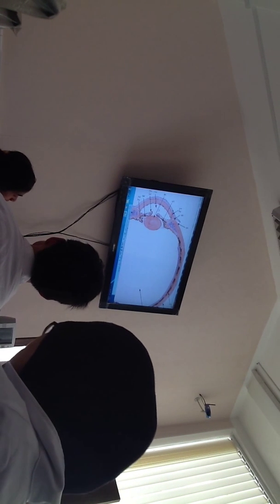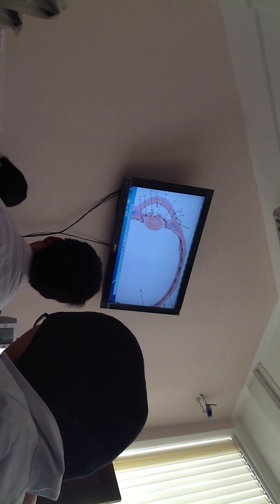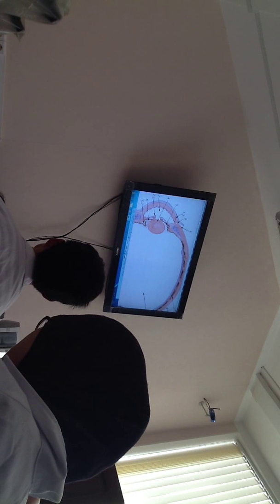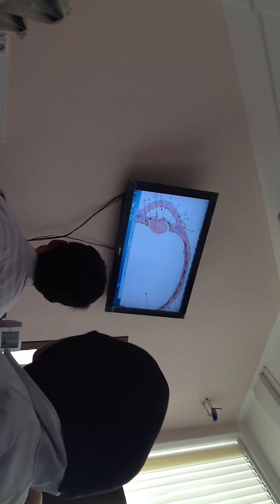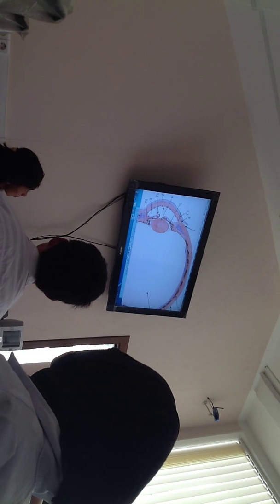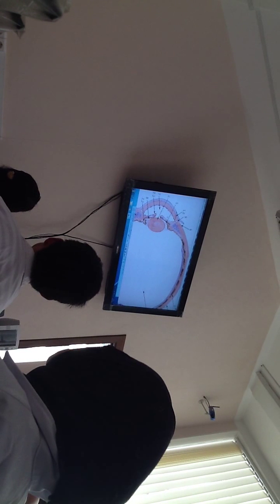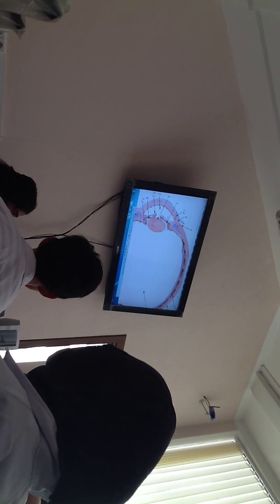There is an anterior chamber and a posterior chamber. Anterior is between the cornea and iris, posterior between the iris and lens. In these chambers there is fluid.